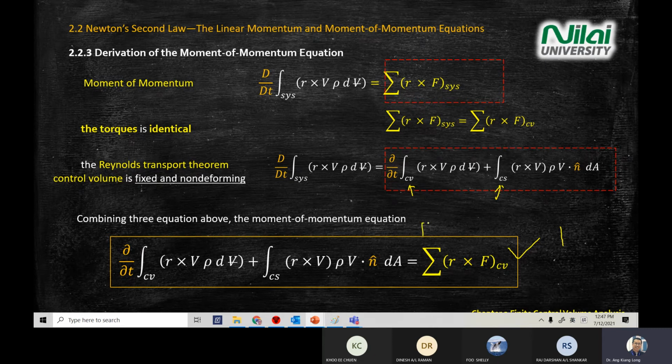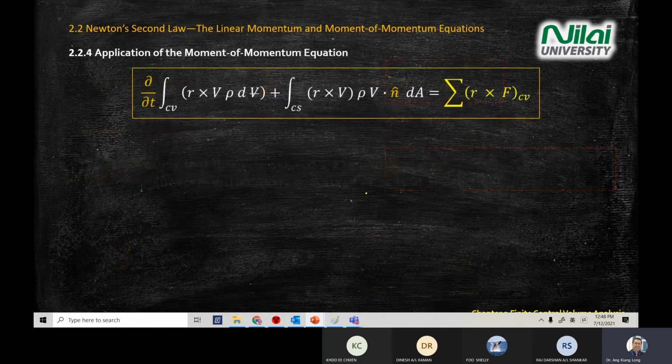This part refers to your free body diagram, your sketch. And the left-hand side is all the parameters in your control volume and control surfaces.